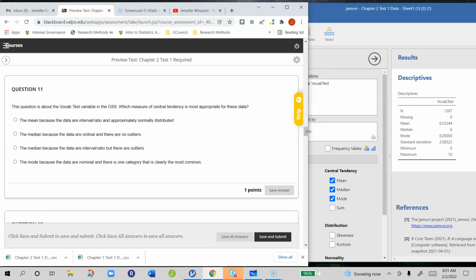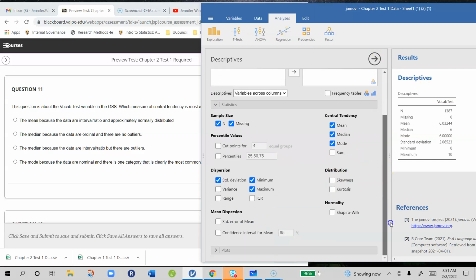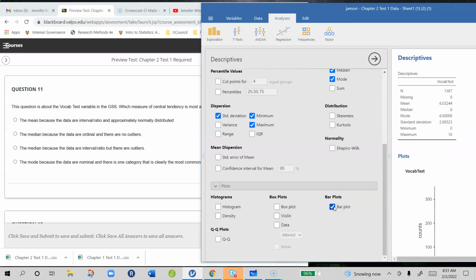So I want to know which measure of central tendency is the most appropriate for these data. Let's graph the data real quick. We're going to go to plots, and I'm going to get a bar graph because I have discrete data on these scores.